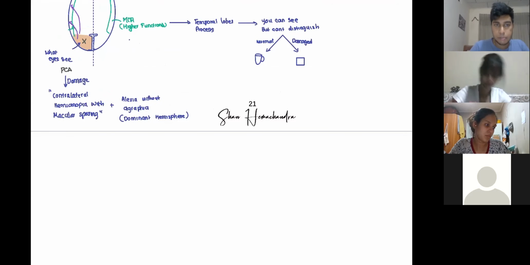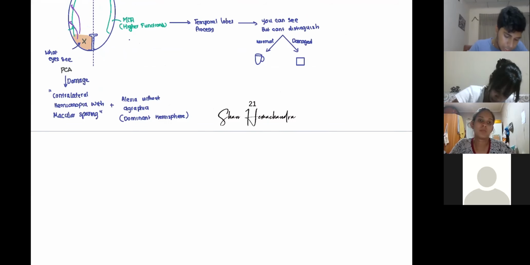So one common complication, actually one of the first patients I saw in Sri Lanka, I have been to hospitals in Sri Lanka and I have done neurology in China.